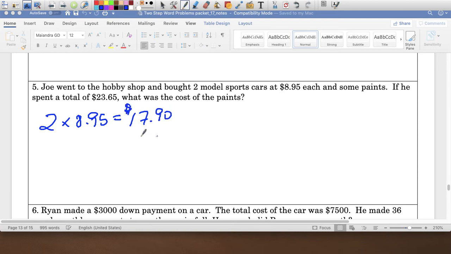Because you bought 2 sports cars. So that's how much you're spending. And then you also bought some paint. So let's write the equation. You spent $17.90 for 2 sports cars plus some paint, and that all equals $23.65.